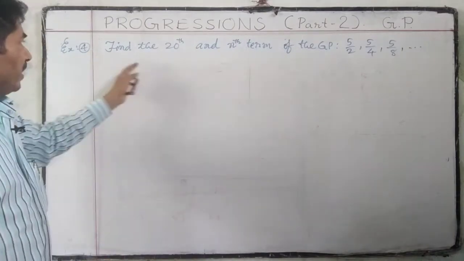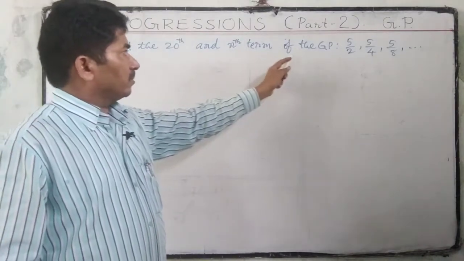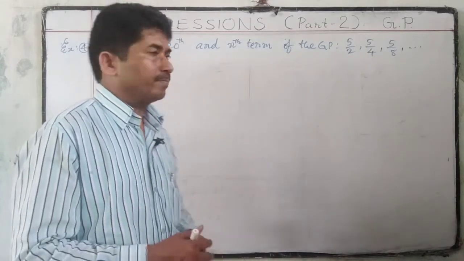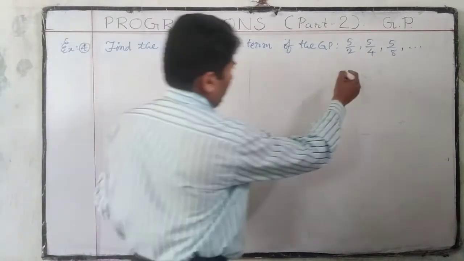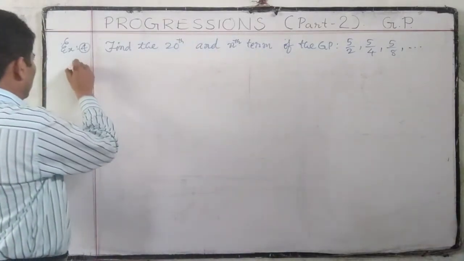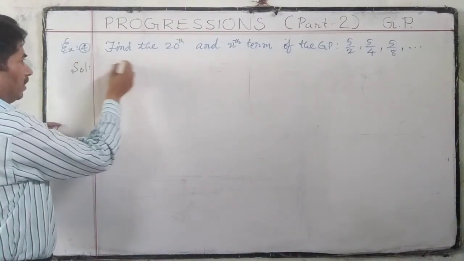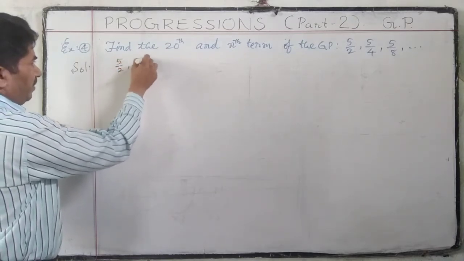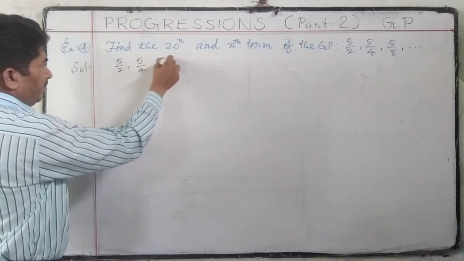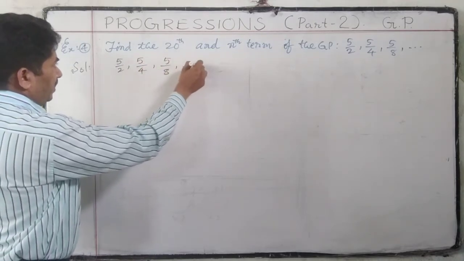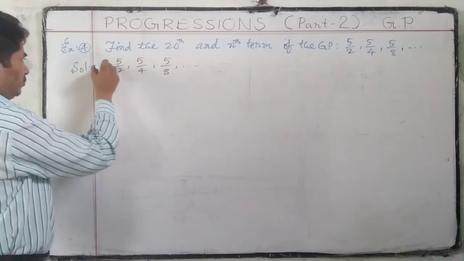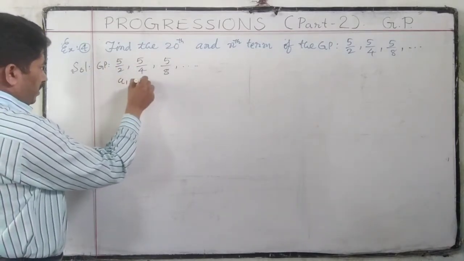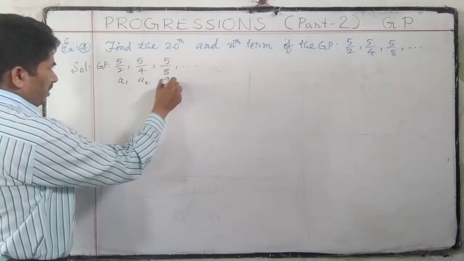Example 4. Find the 20th and nth term of the GP 5 by 2, 5 by 4, 5 by 8 and so on. These are the terms. Solution. Given terms 5 by 2, 5 by 4, 5 by 8 and so on. This is a GP, the given GP: a1, a2, a3 and so on.